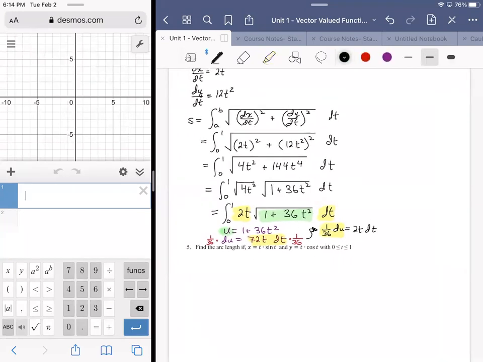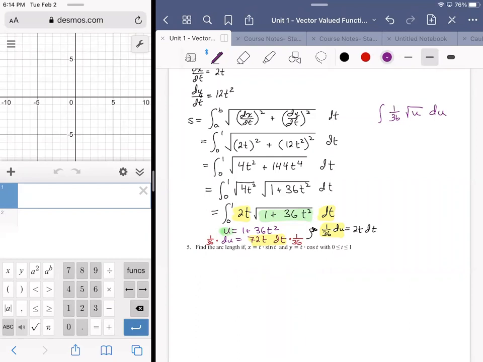All right. So I continue my process here. I'm going to leave it boundless, and I'm going to write this as 1 over 36 radical u du.